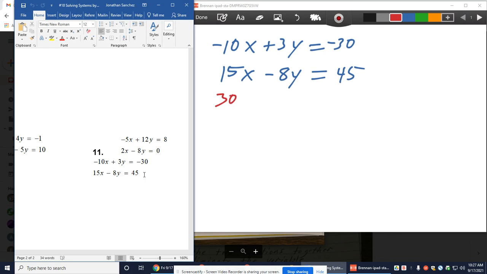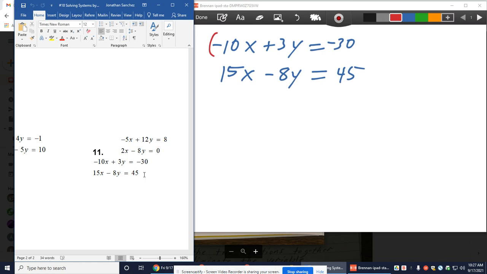If I multiply the 10 by 3 and I multiply the 15 by 2, I could get 30. If I was doing the y's, I could do 24. If I multiply 3 by 8 and 8 by 3, I could get 24. But that's going to be multiplying by a lot. So I think that the 30 is the easier one to get to. So we're going to make those 30.